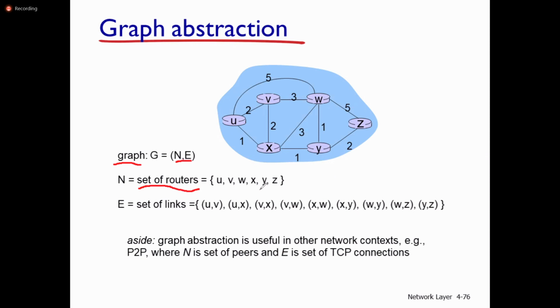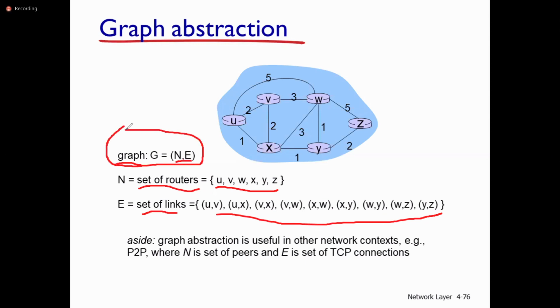How many routers are there in this scenario? There are 6 routers: U, V, W, X, Y, Z. And E denotes the set of links: UV, UX, VX, VW, XW, and so on. These are the links in this network. So N denotes the set of routers and E denotes the set of links, and this is nothing but a graph G.